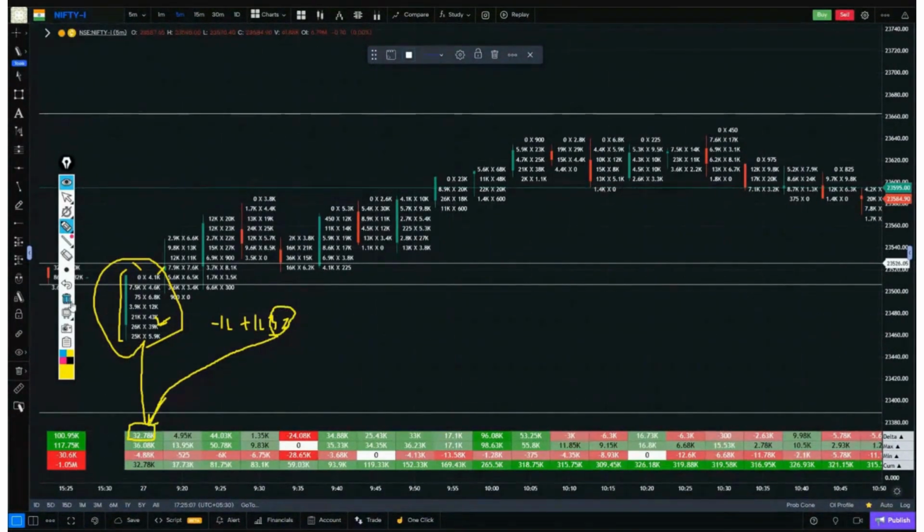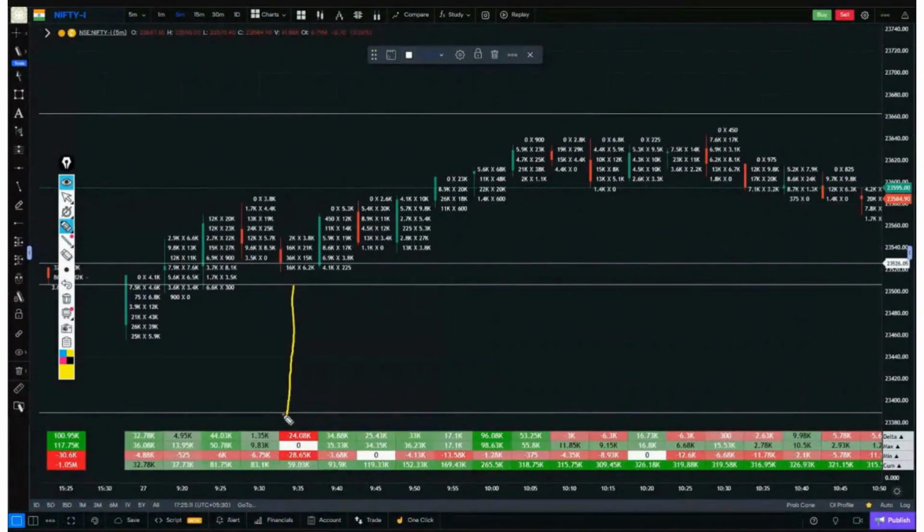Now, like this candle, what is the data of this candle? Negative, so a negative delta. It always denotes sellers, meaning there are more sellers within this candle as compared to buyers. And how many more sellers? 24,000, with a negative sign value, right? And in a red box. This is a negative delta.